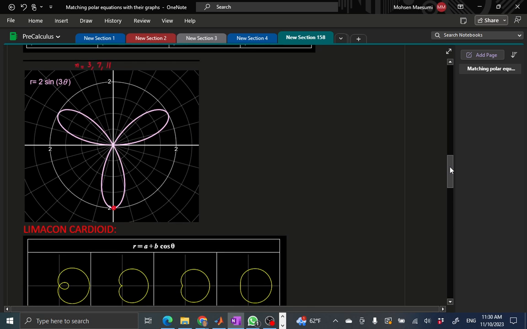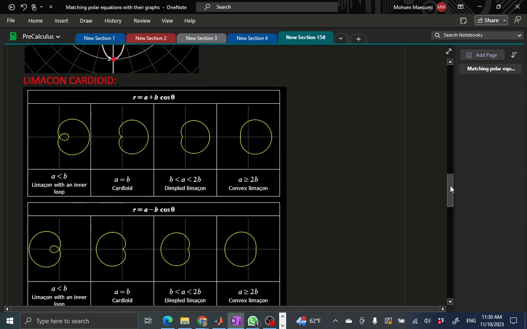Well, after the roses, we had limaçons and cardioids, etc. So it was a number plus another number times sine or cosine, depending on whether you're adding or subtracting. Adding a cosine, you build your picture toward the right. Subtracting a cosine, you build your picture toward the left. And with a sine, it goes either up or down.